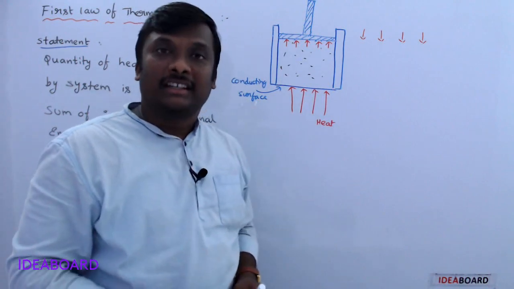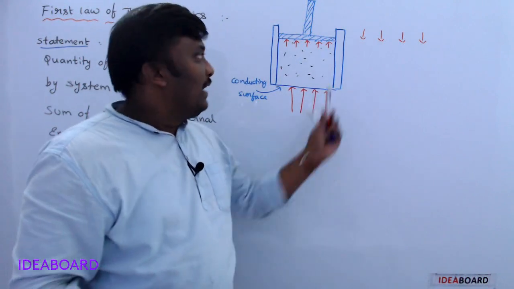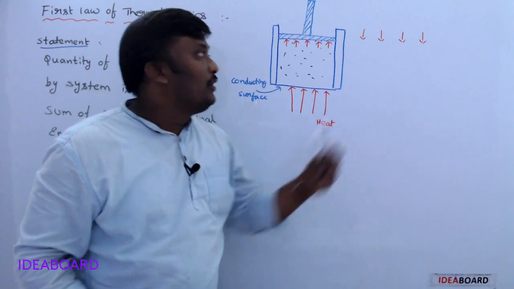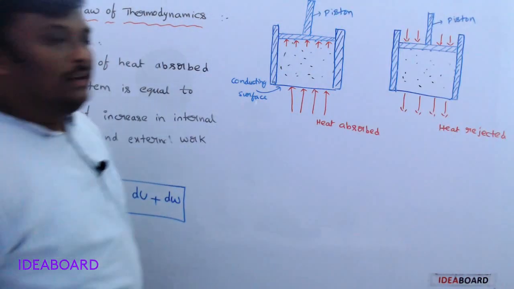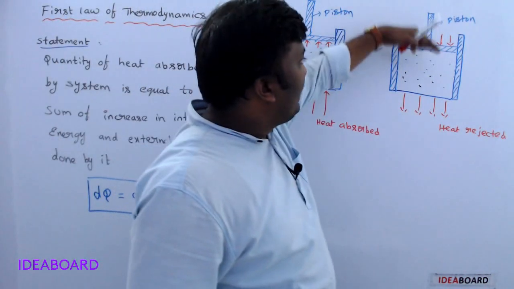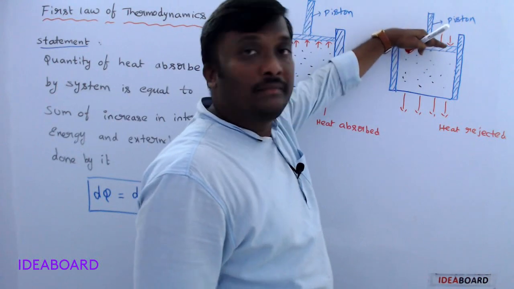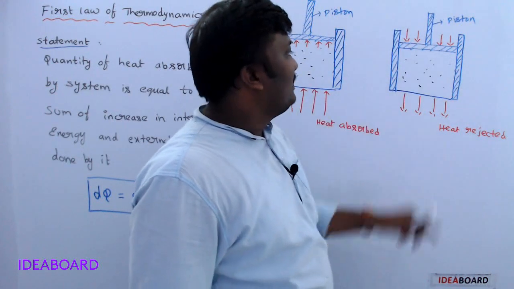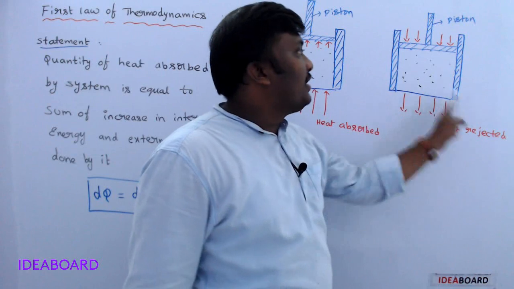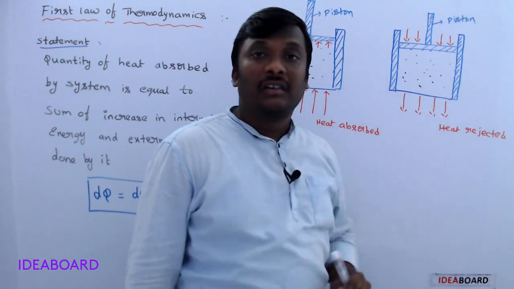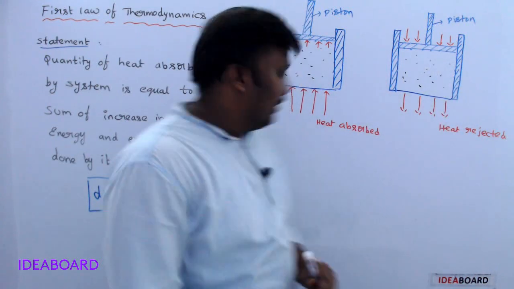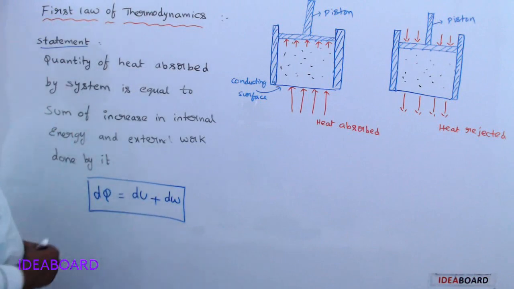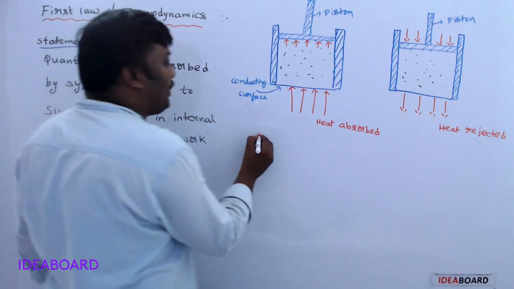I draw the diagram related to that. So in this case, work is done on the system or on the gas, then heat is rejected and internal energy decreases.